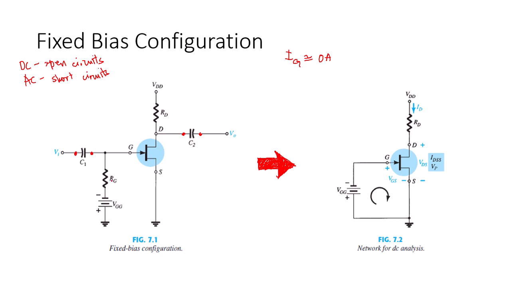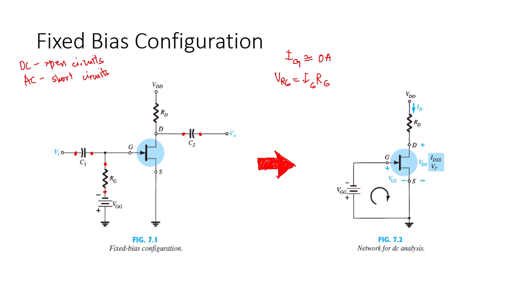So VRG, the voltage across RG, is equal to IG RG using Ohm's law.